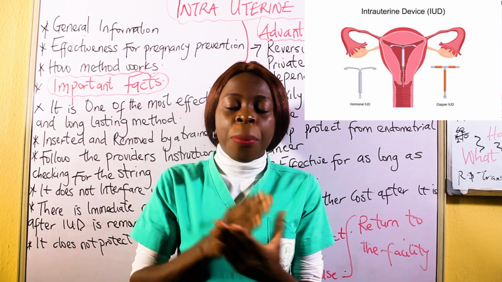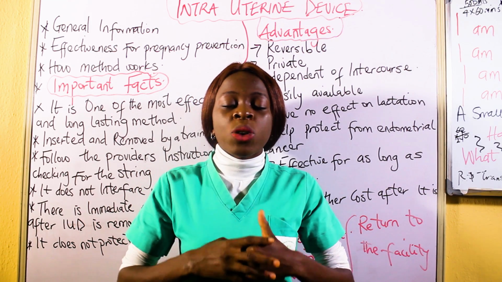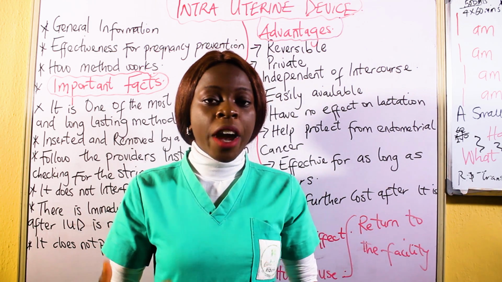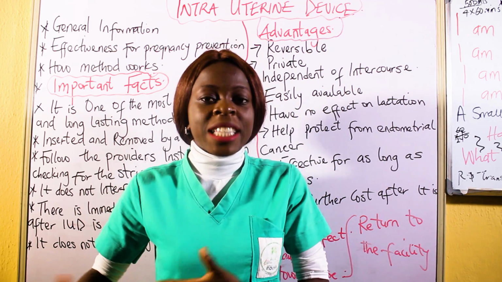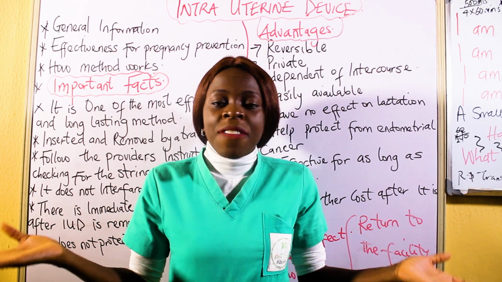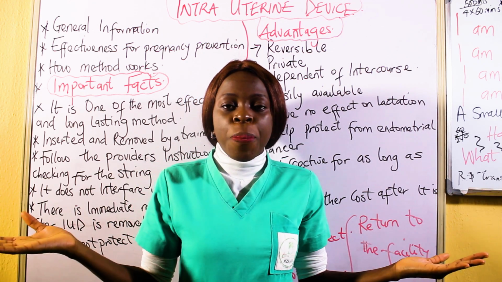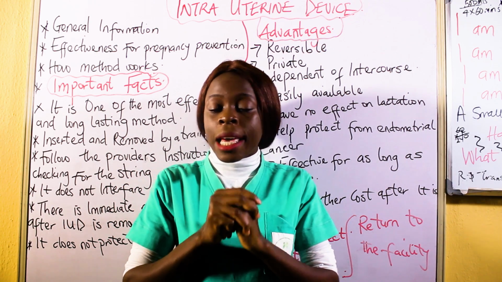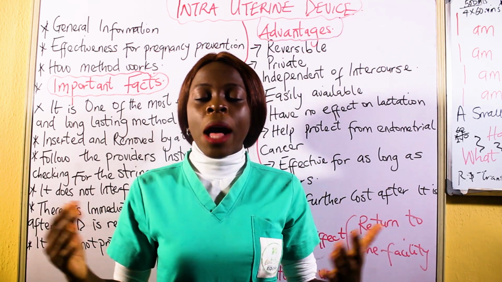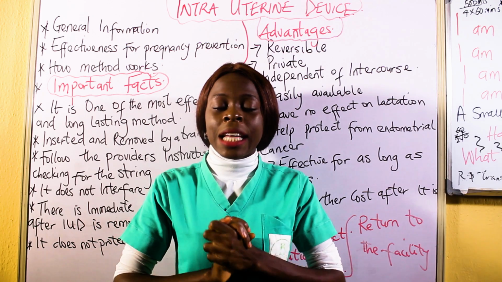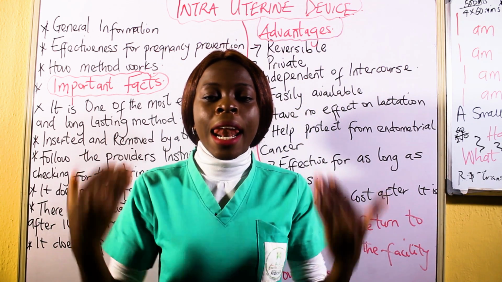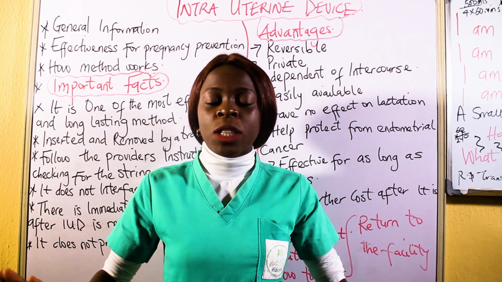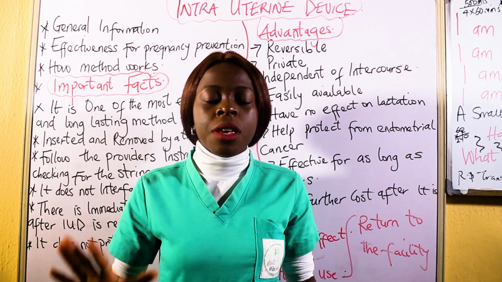This kind of method is also very effective for people who are HIV positive. Women who are HIV positive can take it, and without issues they will not get pregnant. The good thing about this type of contraceptive is that it is a long-lasting family planning method which lasts for 12 years.